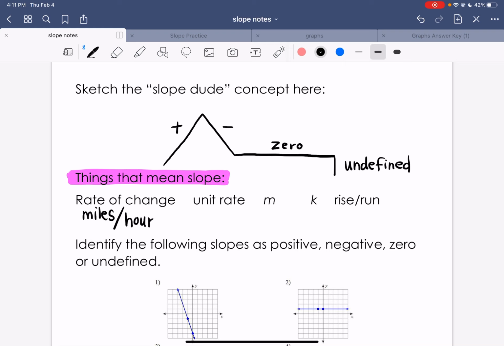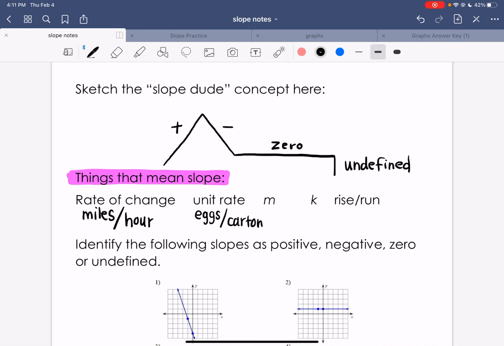A unit rate, like thinking about a rate per unit. Example, if you buy a dozen eggs and you pay $3 for them, there's 12 eggs in a dozen, so how many eggs for one egg per carton? Maybe something like that, eggs per carton.